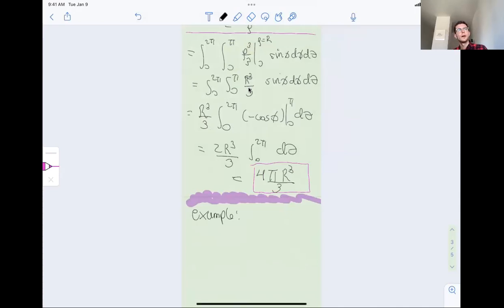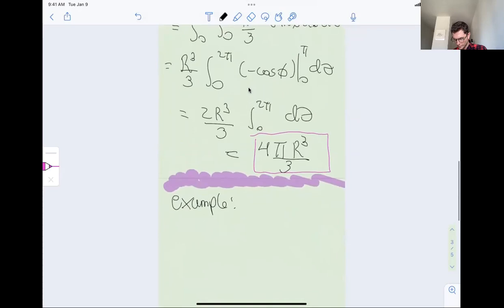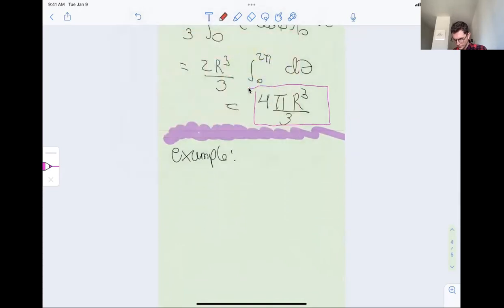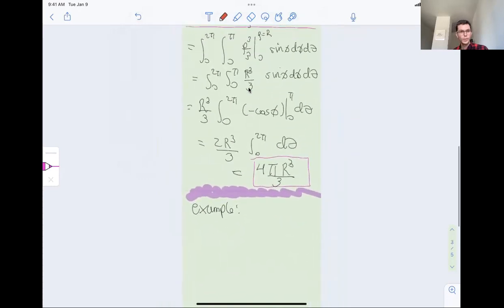I give you the cone, and I also give you a sphere, let's say of radius 1.